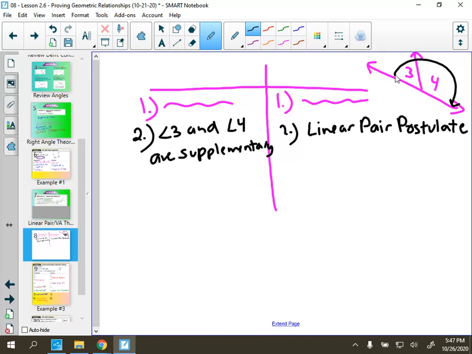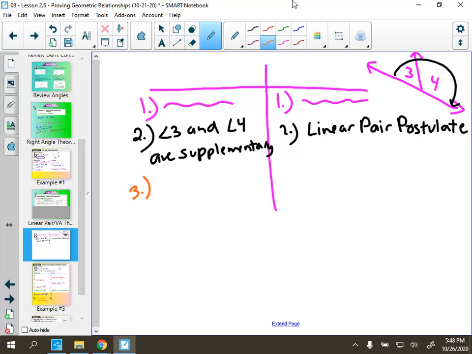All right. It's come up a couple different times already, but we said a lot of times, this is a word sentence, right? Angles 3 and 4 are supplementary. It's not bad. It's good. It's true. But for a lot of these proofs, it's nice to have an equation. We said a good rule of thumb is to try to turn stuff into equations so we can substitute. We can use the transitive property if necessary.